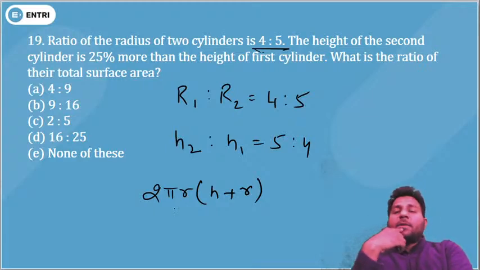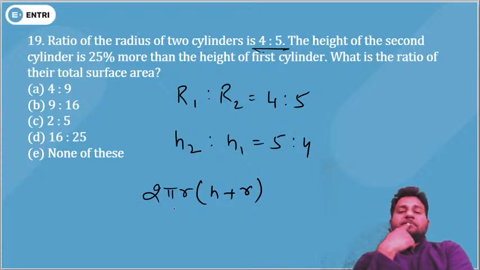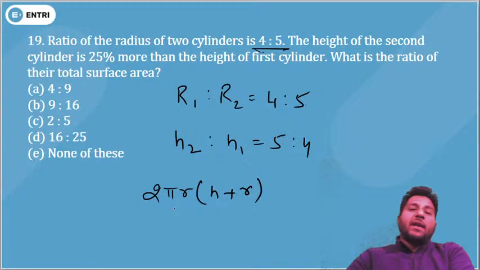Come on everyone, I want all of you to solve this question. Anyone who is having difficulty in solving this question can ask me. What is the ratio of the total surface area? Okay, so can it be found?